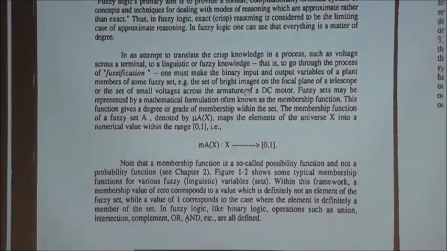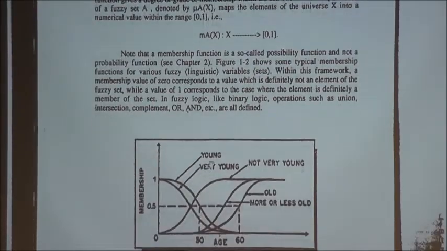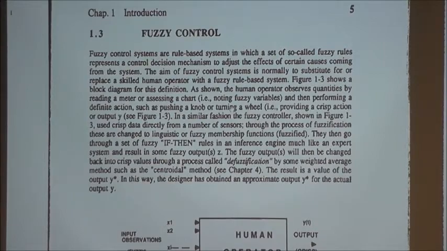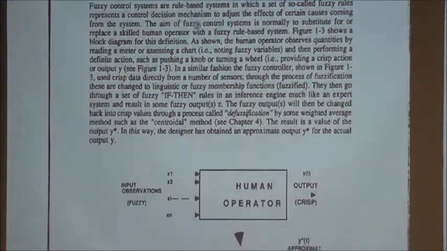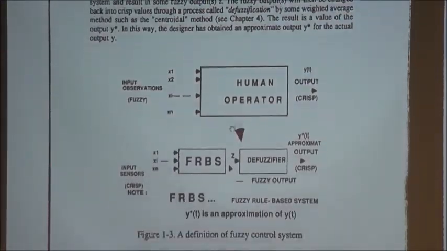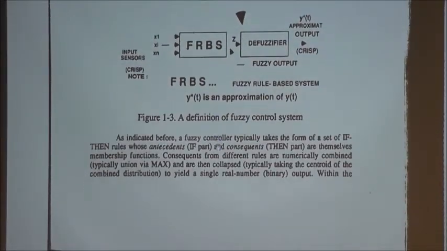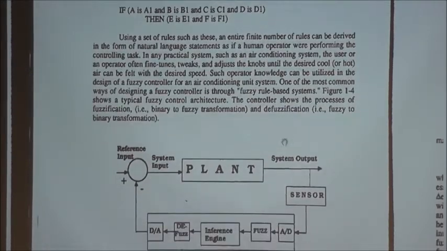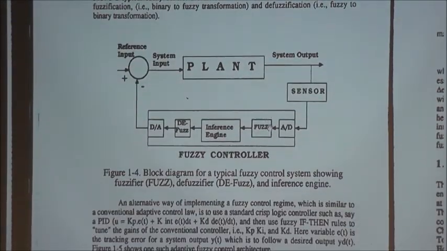So again, I'm not going to take you through membership functions. This is something I think you should play with in the MATLAB toolbox. Fuzzy control is the one that I want you to do for your experiment number 3 in the lab. And the way you do it is this. Here is your robot. The robot will give you sensor information. You take it to an analog to digital converter.